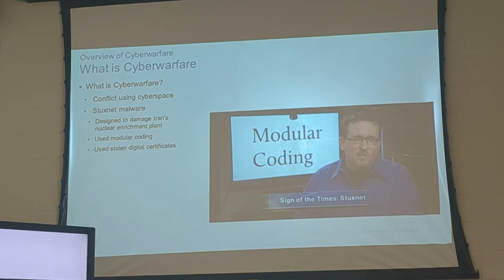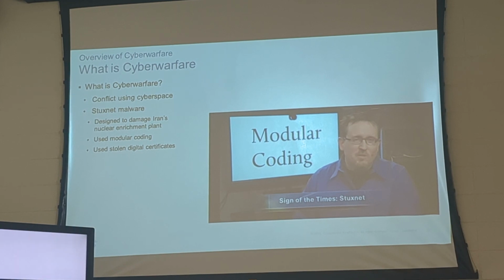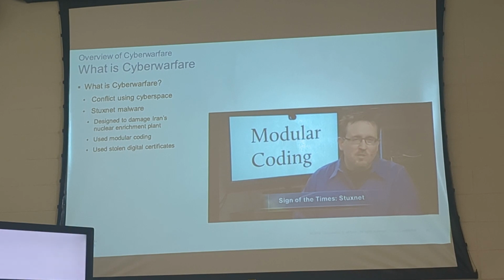They kept doing this until enough things were infected, and then they could turn them all on. They would spin the centrifuges out of tolerance and destroy the machines. They destroyed like 11,000, I think, centrifuges over a few months.